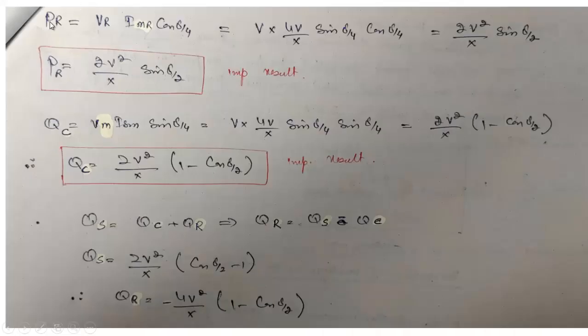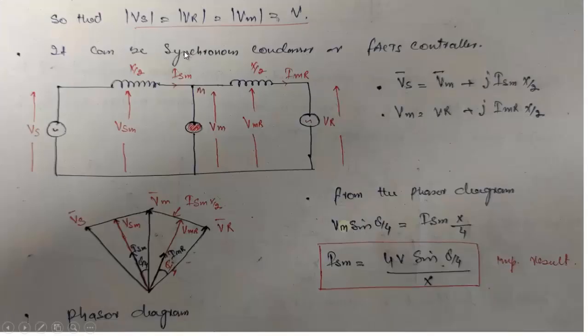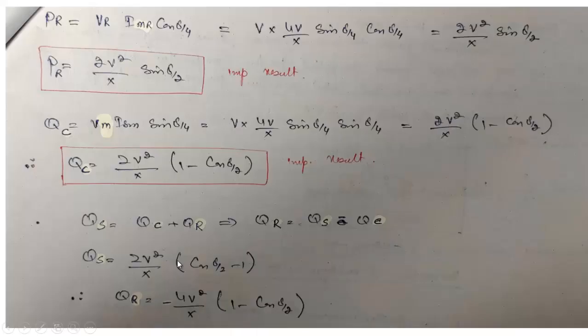Now calculate this. PR is equal to VR into IMR into cos of delta by 4. That is VI cos theta, because now the angle between this current and this voltage is delta by 4. That's why here it is cos delta by 4.